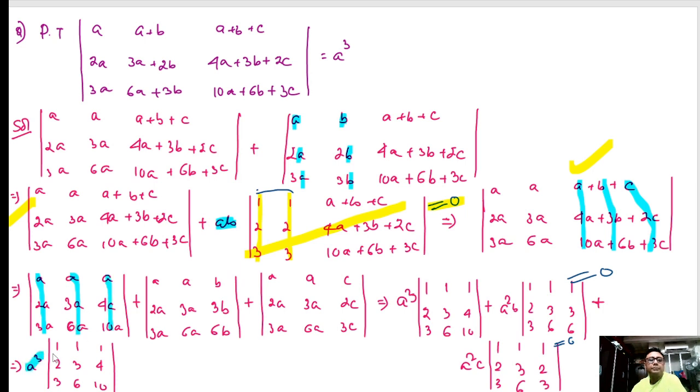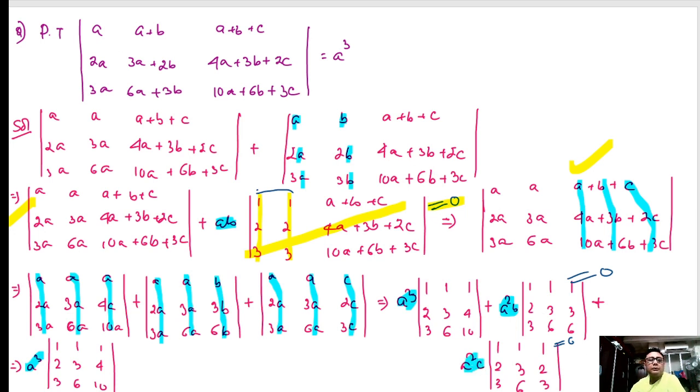So there is A cube. Similarly, we can take A common from the first column, A common from the second column, and B common from the third column. So here is A square B. Similarly, A common from the first column, A common from the second column, C common from the third column. So here is A square C.